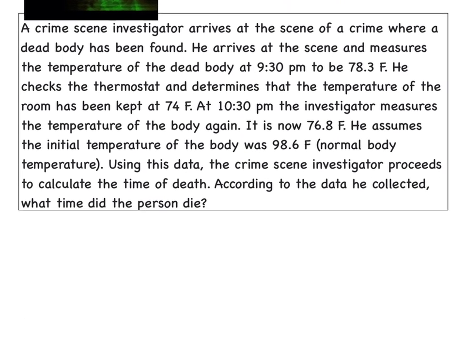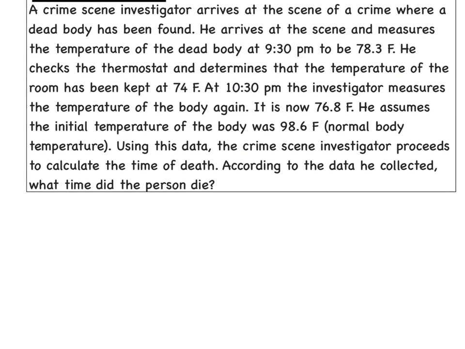Now, basically, without actually solving the problem totally yet, here's what's happening. The outside temperature, or the temperature of the environment here, is 74 degrees, and that's the air surrounding the dead body. And so what that does is create this asymptote.